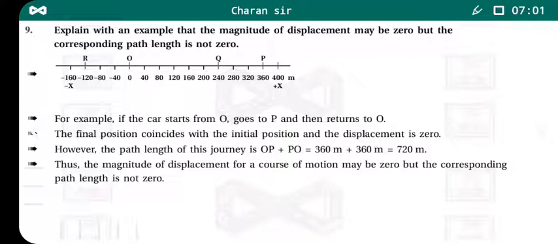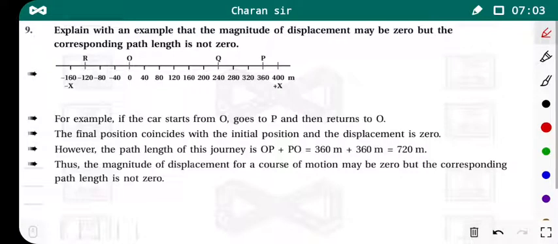Here we consider the same motion of the object. In the previous example, the object is standing at point O, starts its motion, reaches point P, takes a turn back and reaches the same point.